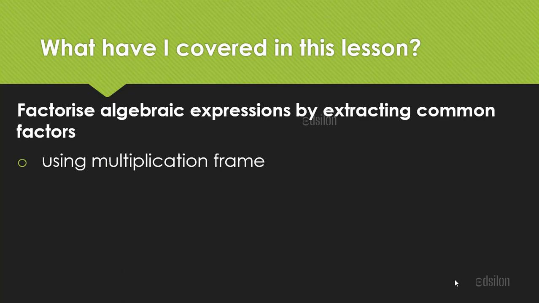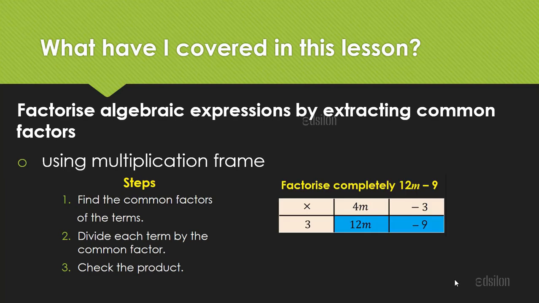In this lesson, you learn to factorize algebraic expression by extracting common factors using the multiplication frame method. Let's go over the steps again. First, we find the common factors of the term in the given algebraic expression. In the example, 12m minus 9, the common factor is 3.